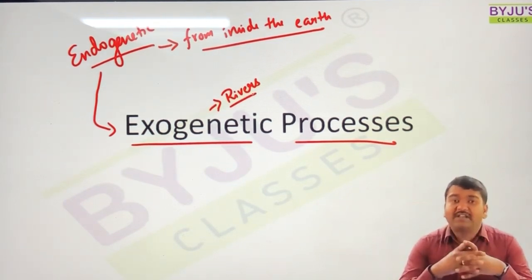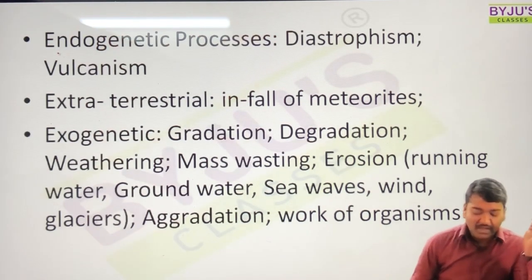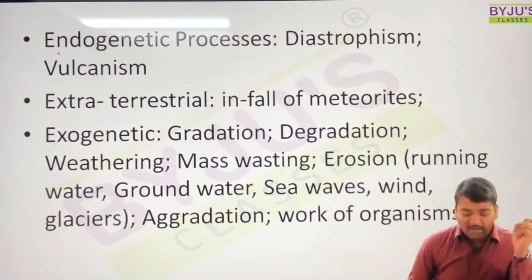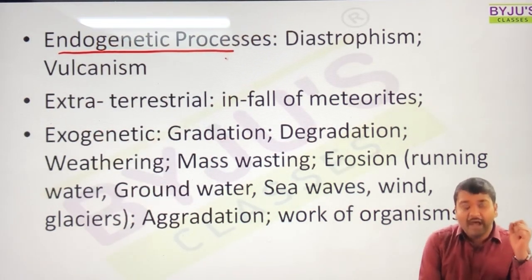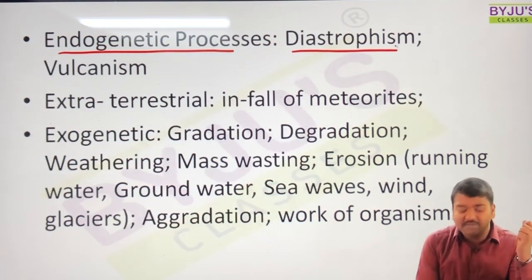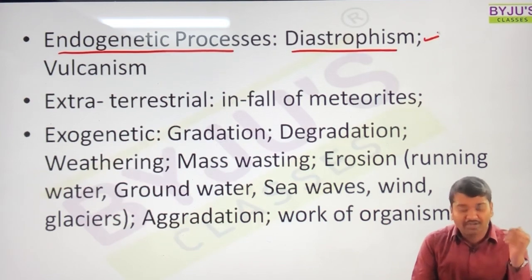So, what are these exogenetic processes and how do they function? You have endogenetic processes, where you see activities happening inside the earth. You have diastrophism, which we have seen, epirogenetic and orogenetic.